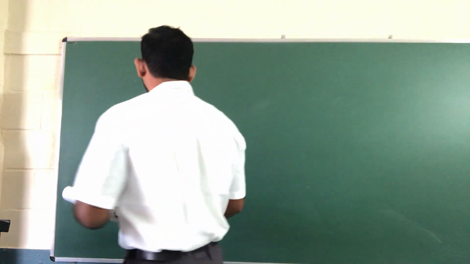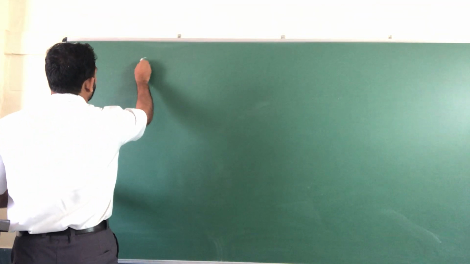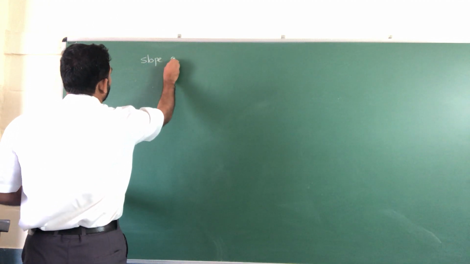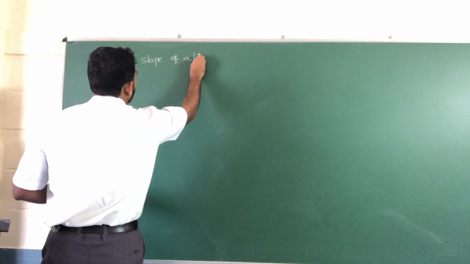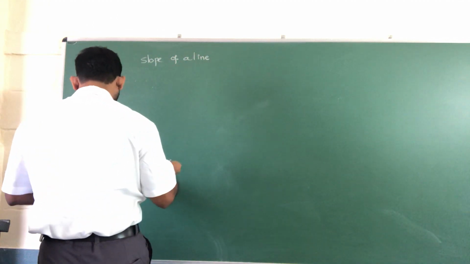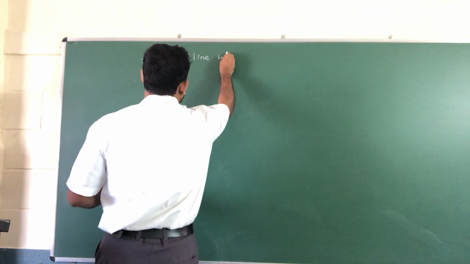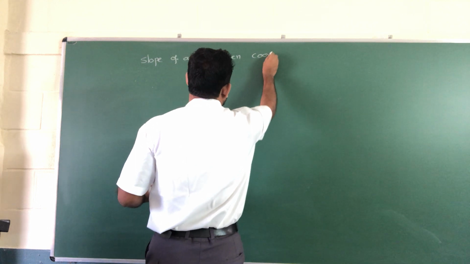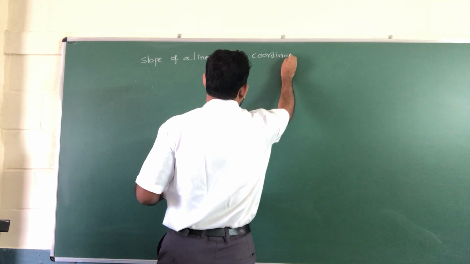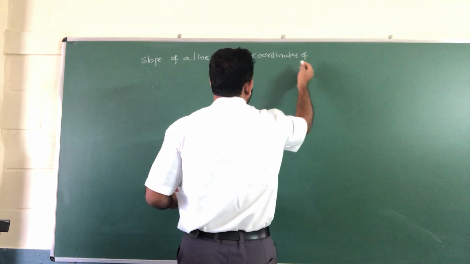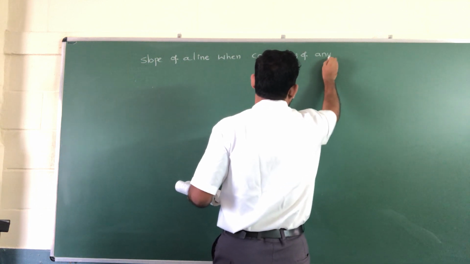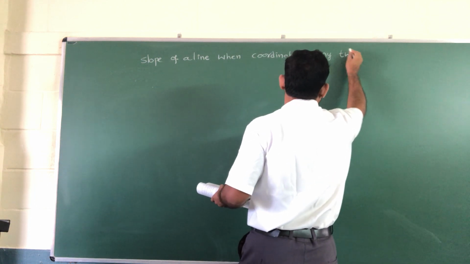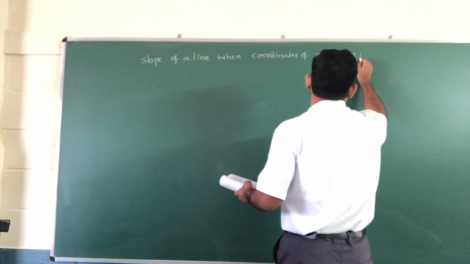So for the heading: slope of a line when coordinates of any two points are given.